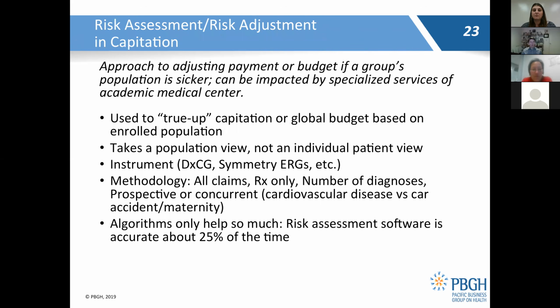With respect to risk assessment, risk adjustment, this is a very complex, in the weeds element of how do we adjust the capitation to recognize the morbidity of the population. A population that has a higher rate of diabetes or cardiovascular disease needs to have a larger budget associated with it than a group that is a healthier population.